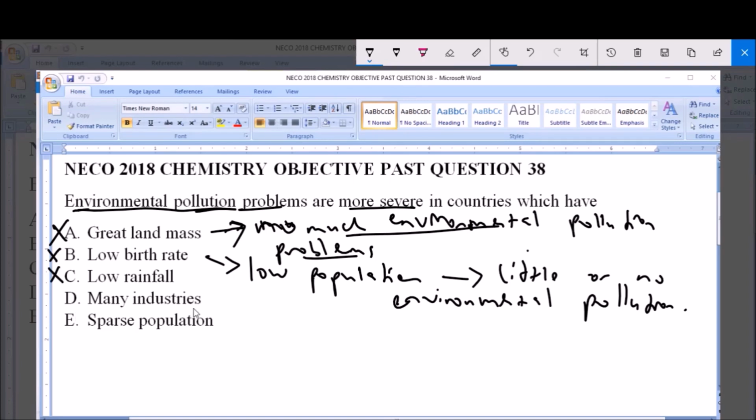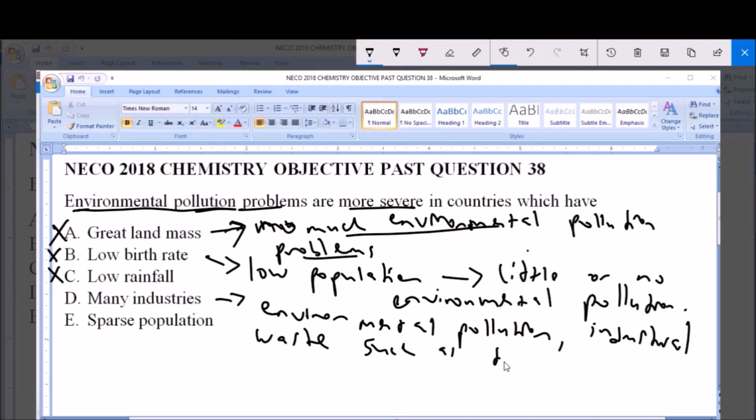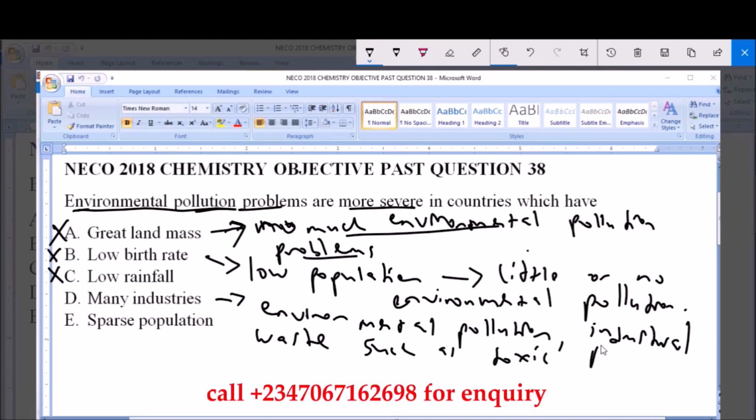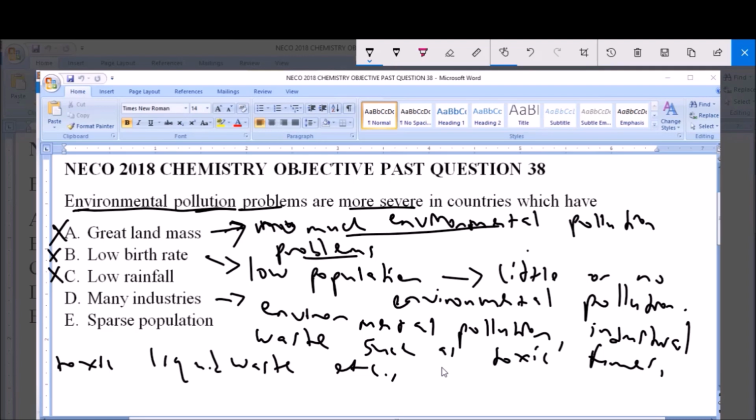Now option D says many industries. Now many industries are linked to or associated with environmental pollution. This is because industrial waste, waste emitted by industry, such as toxic fumes, toxic liquid waste, etc., are known to pollute air, water, and even the soil.